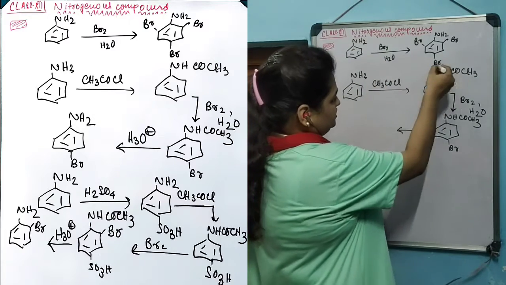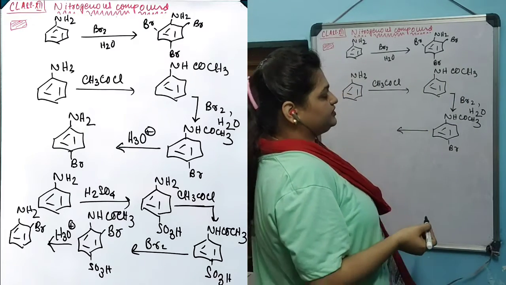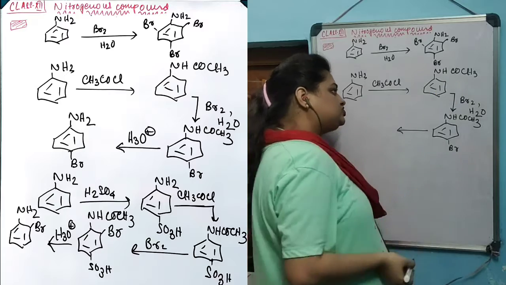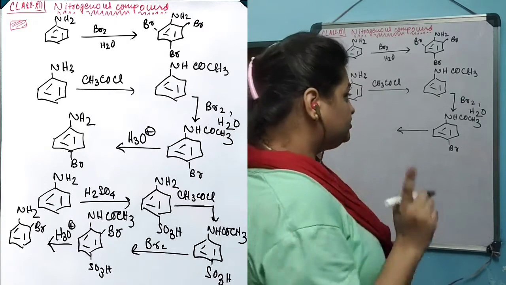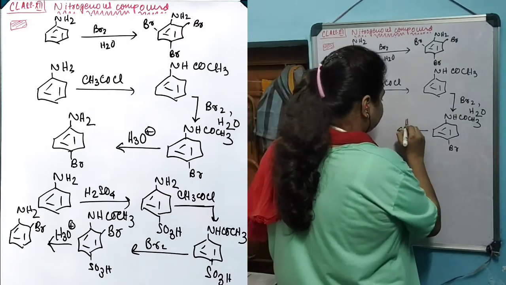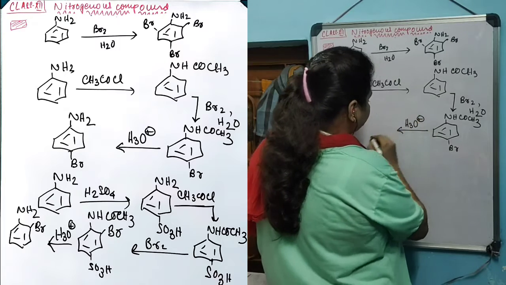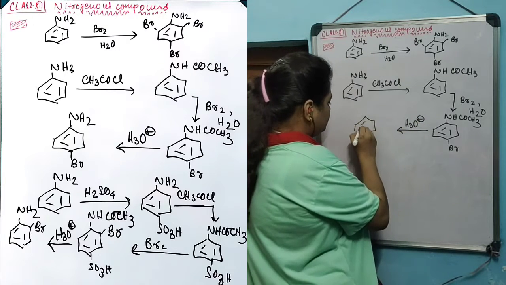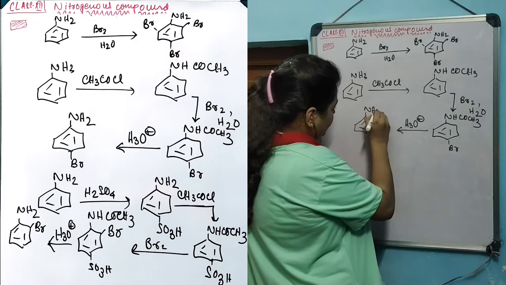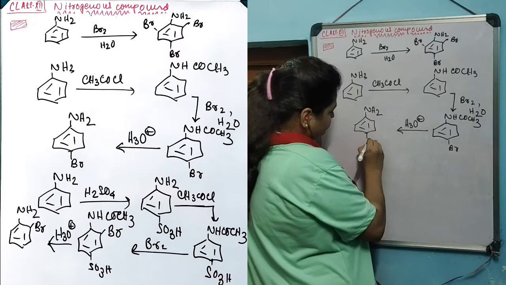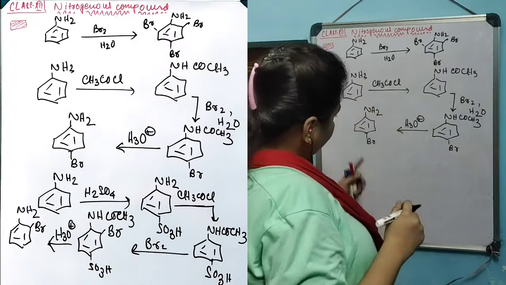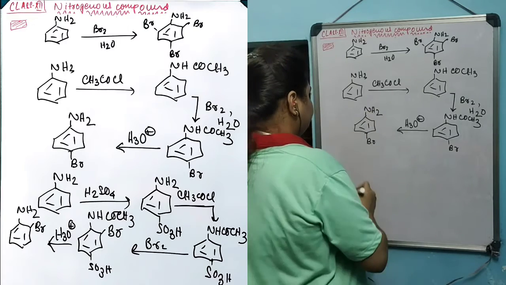The usefulness of this group is that its incorporation is very easy and its removal is also very easy. Just by doing hydrolysis, this group will revert back to the amine group, and thus para-bromoaniline can easily be formed.